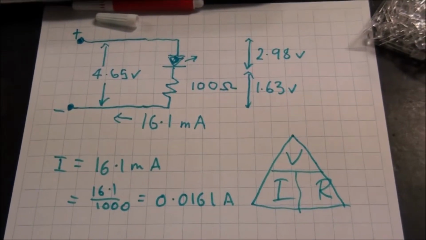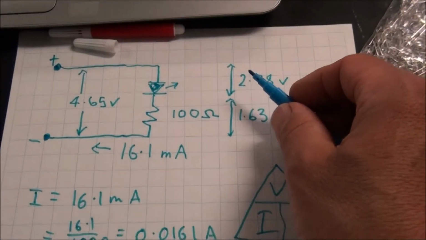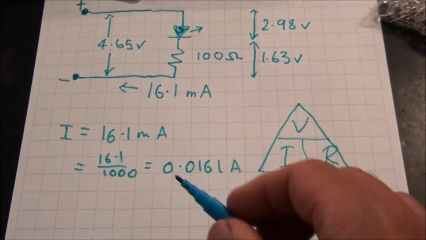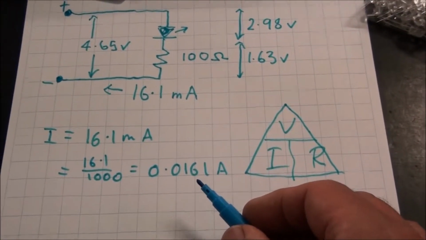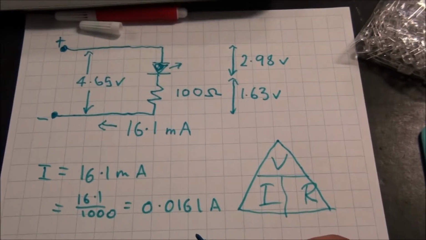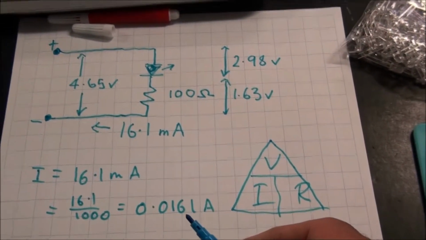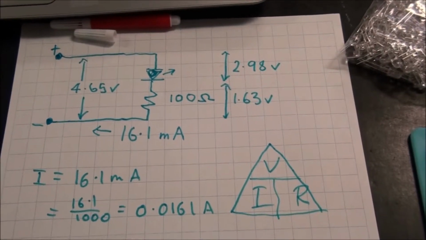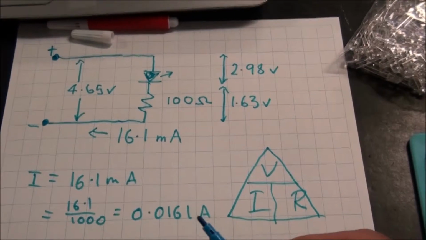The next step is to use my voltage across the LED as well as the current going through the LED to work out the resistance of the LED. Once I know the LED's resistance, I can then back calculate the ideal voltage for the LED at 20 milliamps.